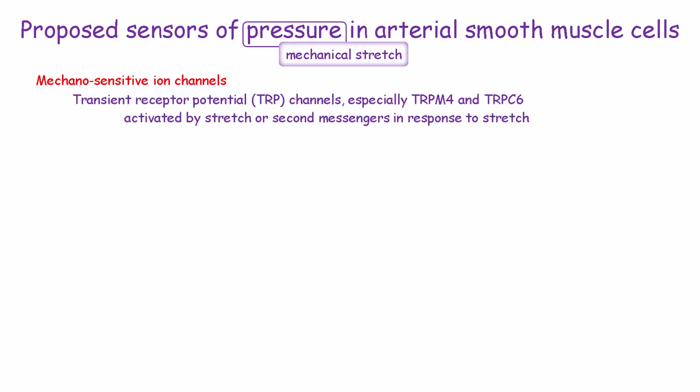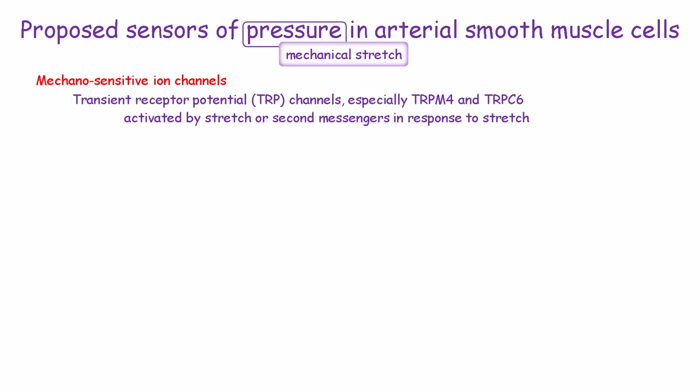Most sensors of pressure in vascular smooth muscle respond to mechanical stretch of the cell membrane. Multiple smooth muscle proteins can respond to stretch and have been proposed as sensors that initiate the pathways leading to myogenic tone. It is widely accepted that stretch-sensitive ion channels are involved. Several members of the transient receptor potential family of cation channels can sense stretch.